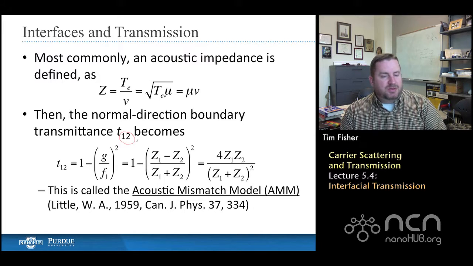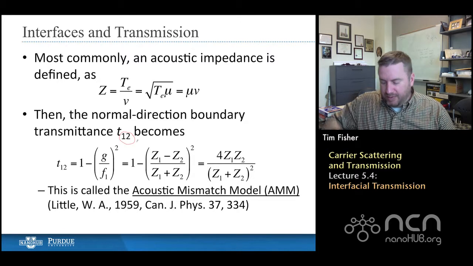The transmittance will just be 1 minus the reflectance that we derived on the last slide. And if you do a little bit of simple math on this, you'll find that it can be related to these acoustic impedances.